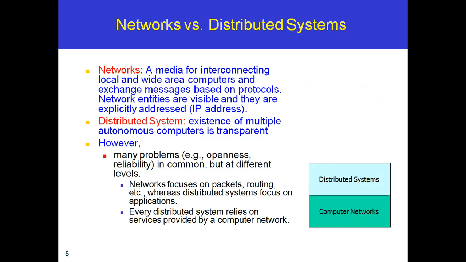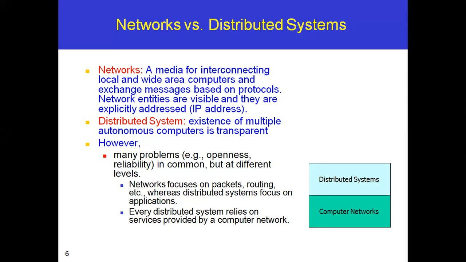A network is a media to communicate between systems. For systems to communicate, they need to be connected in a network. Any number of systems that need to communicate must be in a network.